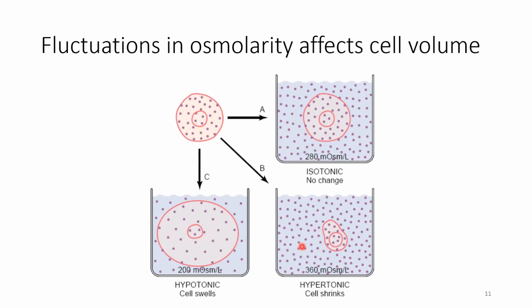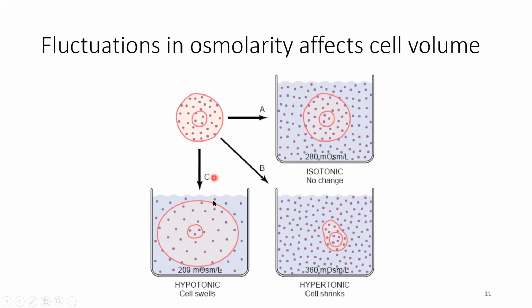Its interior has less solute per solvent as compared to its surroundings, right? So water will move from inside the cell to outside, and the cell will shrink, okay? And when it shrinks, its osmolarity increases.